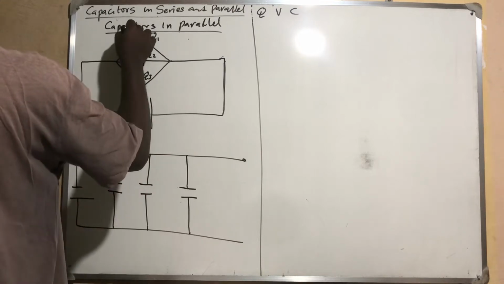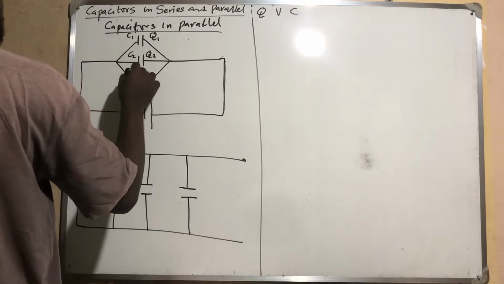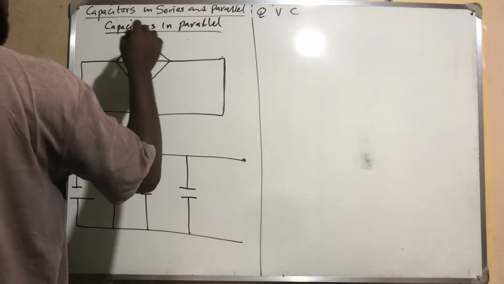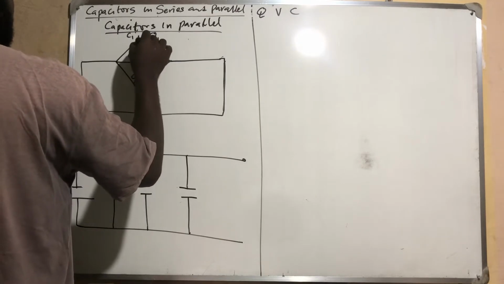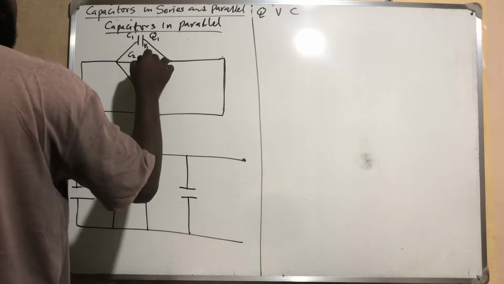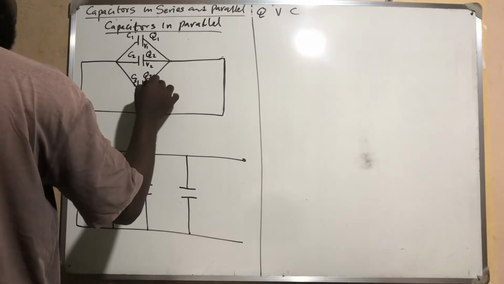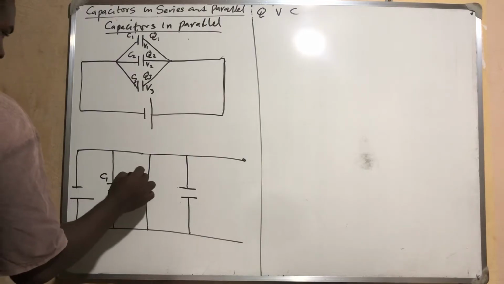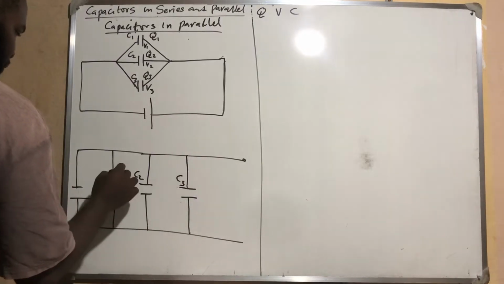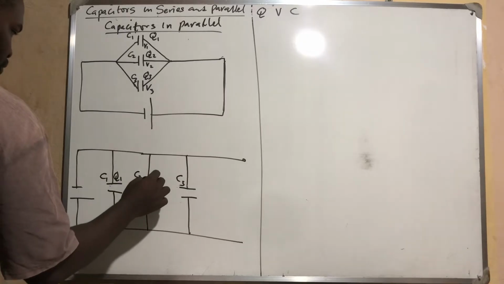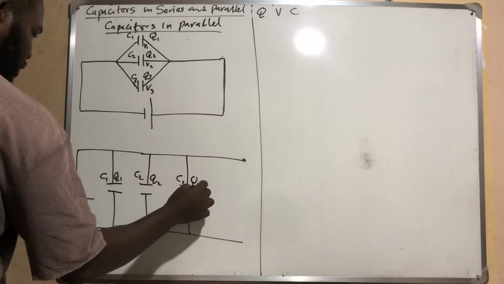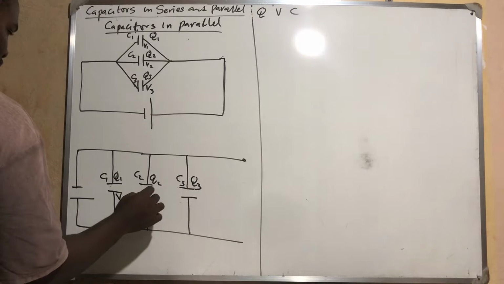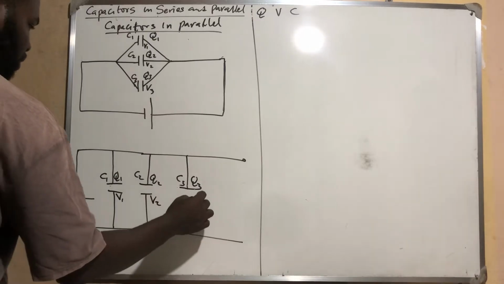The capacitance is C1, C2, C3, and then the potential difference, that is the volt, for this one is V1, V2, and V3. The same thing is applicable here: C1, C2, C3, Q1, Q2, Q3, then potential difference 1, 2, and 3.